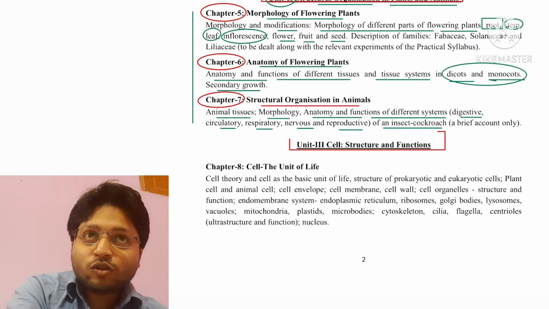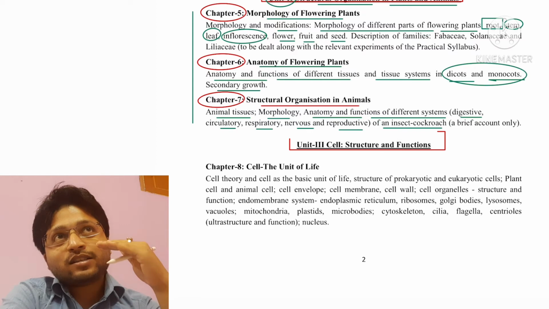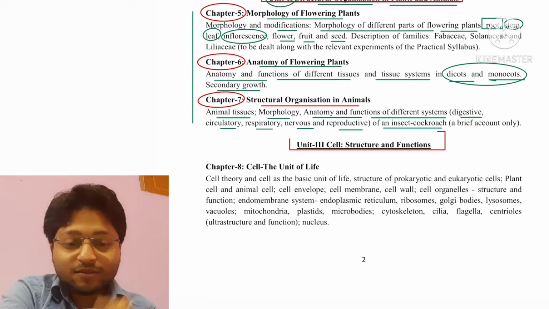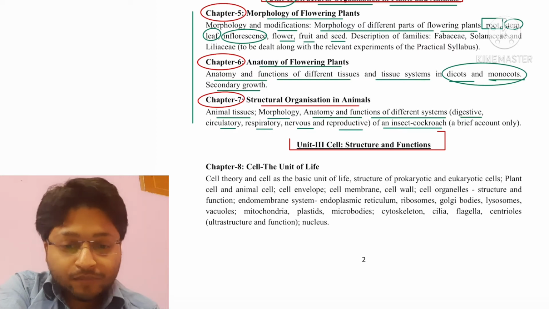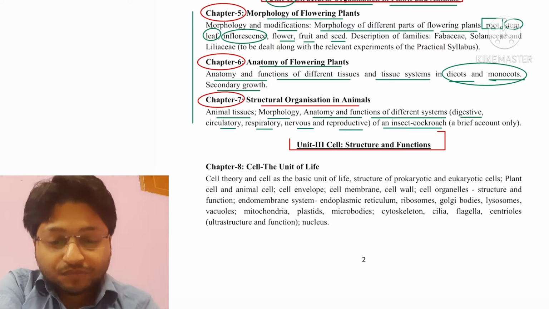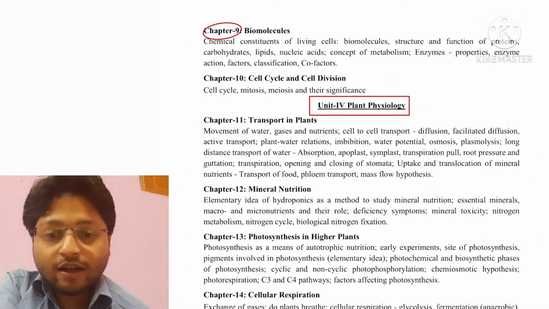So from the broad domain we enter into the cellular level, right? In this unit there are 3 chapters, chapters 8, 9 and 10.